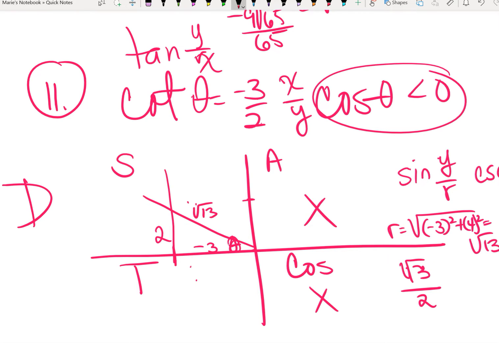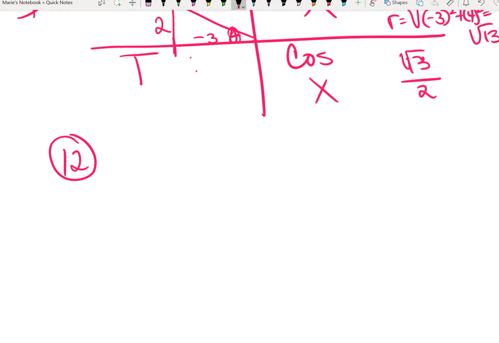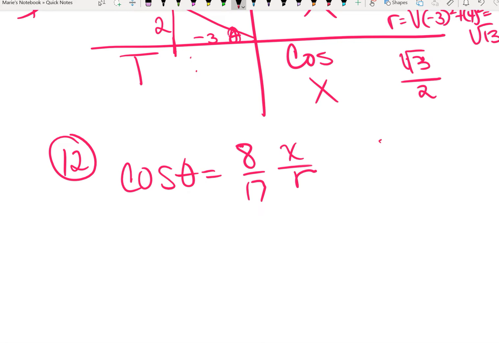Alright, number 12. On number 12, you have cosine theta is equal to 8 over 17. Again, remember your ratio. This is x over r. They're telling us that 3 pi over 2 is less than theta, less than 2 pi. Okay, they're also telling us to find the cotan of theta.